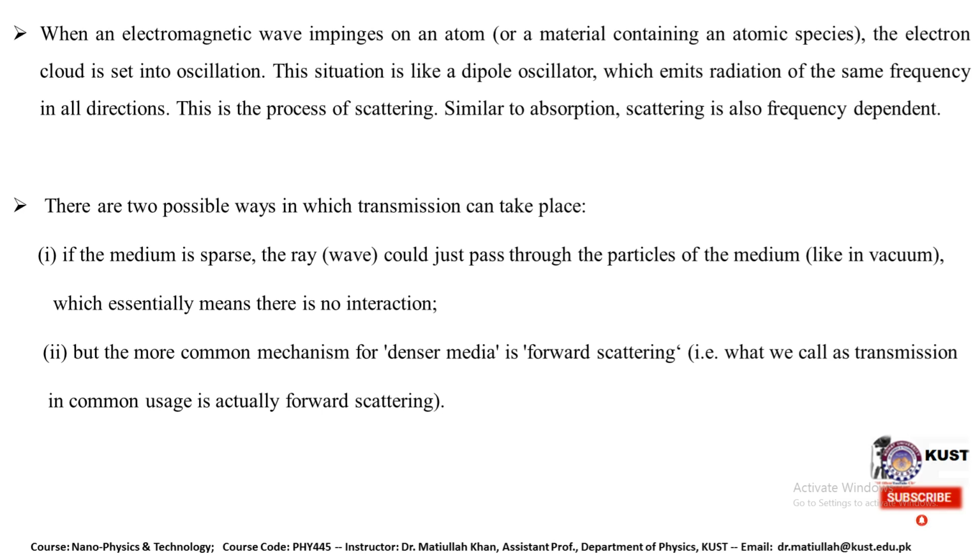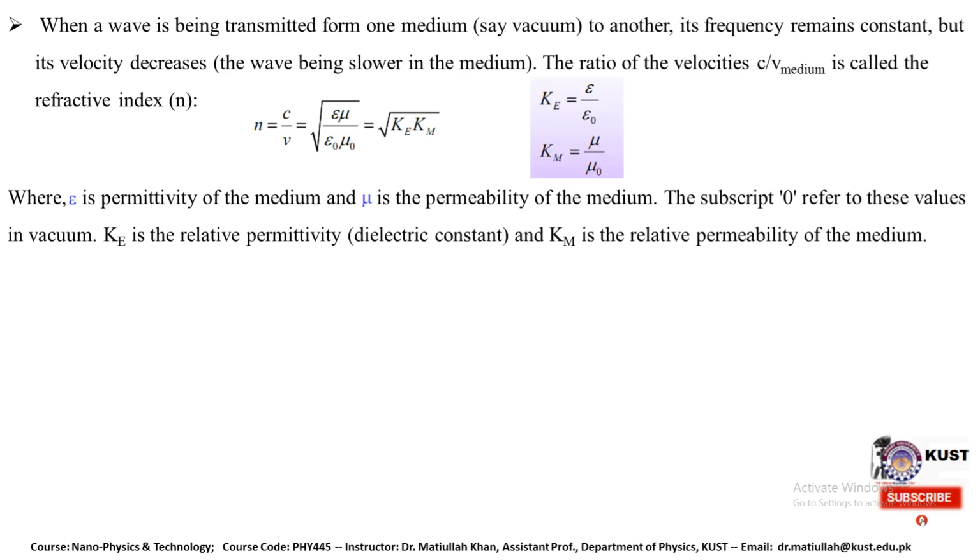But the more common mechanism for denser media is forward scattering, and what we call transmission in common usage is actually forward scattering. This is how we can find out the refractive index of the material, because we can measure the difference between the velocity in the medium and in the vacuum.